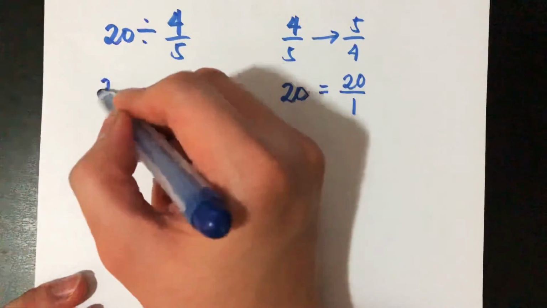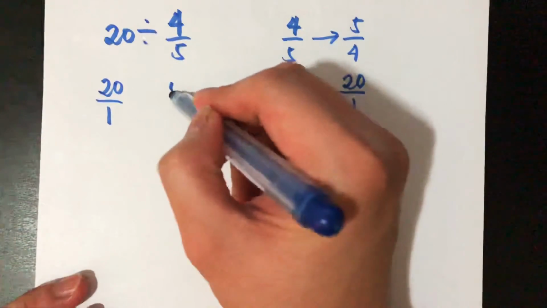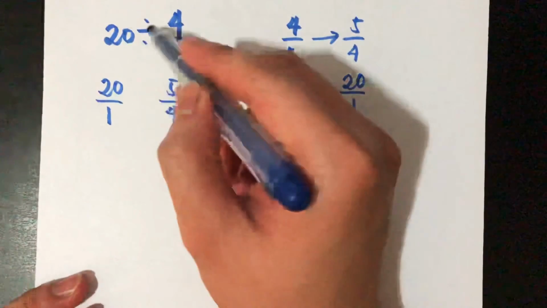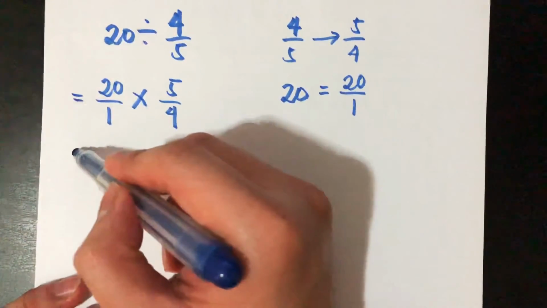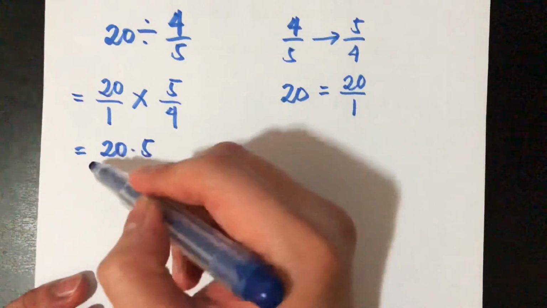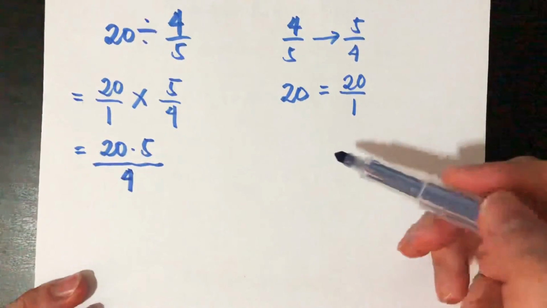Now, let's write these new fractions. We have 20 over 1, then 5 over 4. Then change the division sign to multiplication. So we have 20 times 5 over 1 times 4, which is 4.